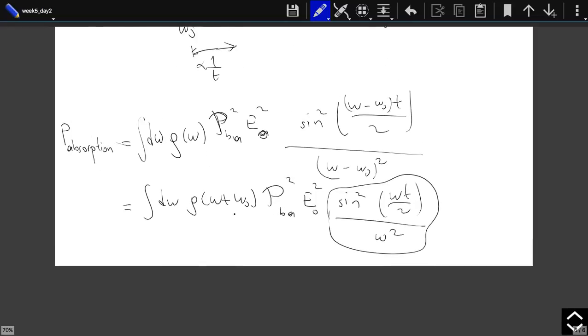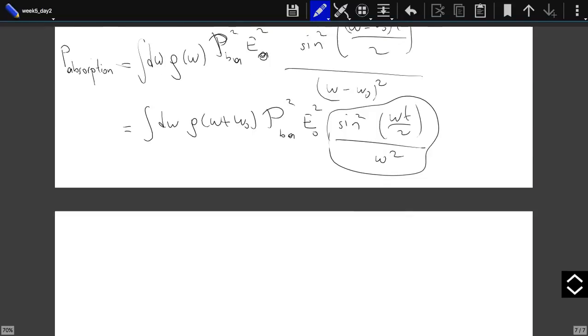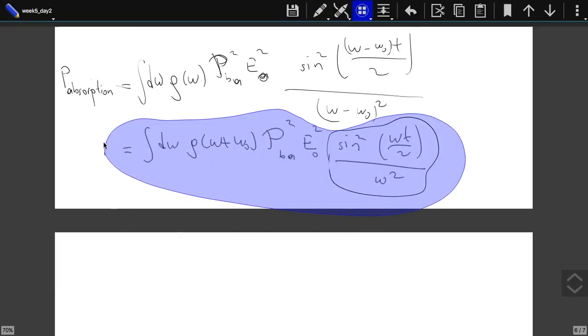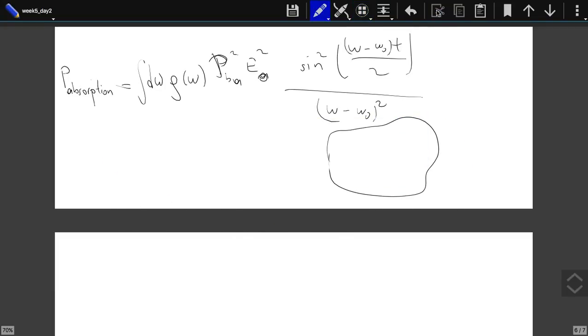And we will also assume that rho is just a smooth function, at least close to omega 0. So that tells me that I can just set omega equal to omega 0 in rho. So this function is peaked around omega equal to omega 0, and rho is a smooth function around omega equal to omega 0.